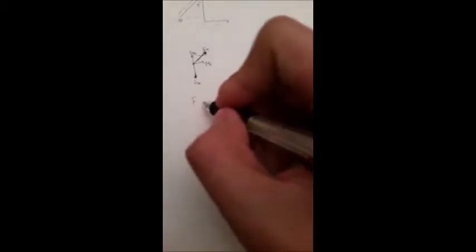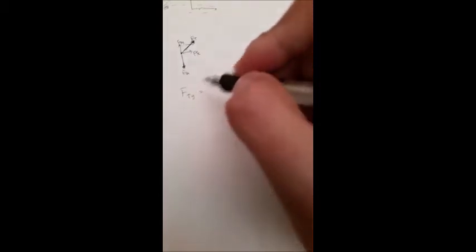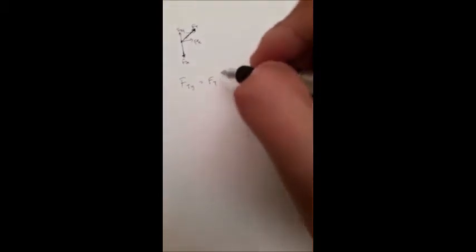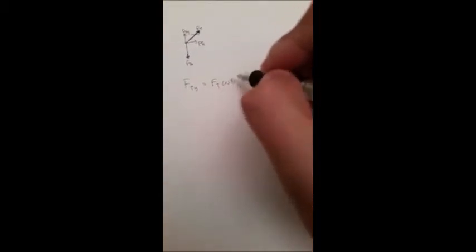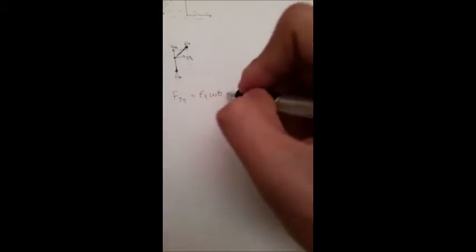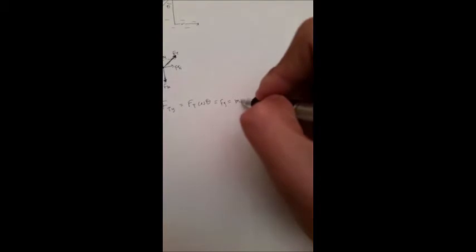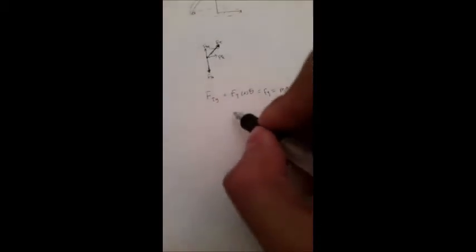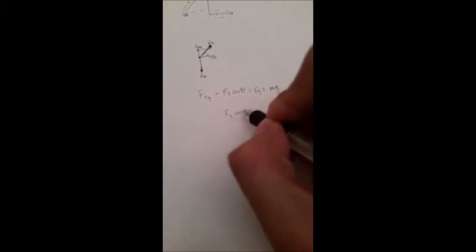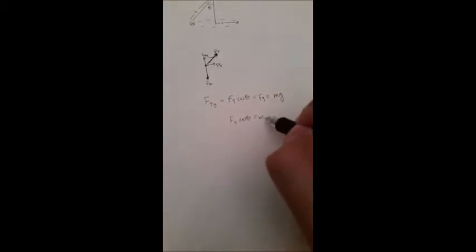So we can set up an equation based on that, where Fty is equal to Ft cosine theta, which is equal to Fg, which is equal to mg. So together we have the equation Ft cosine theta is equal to mg.